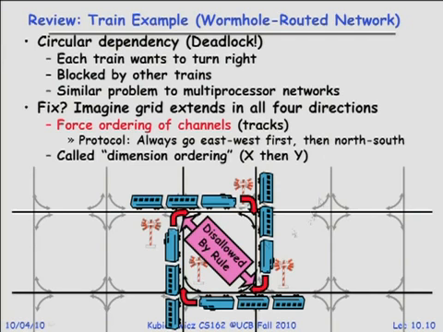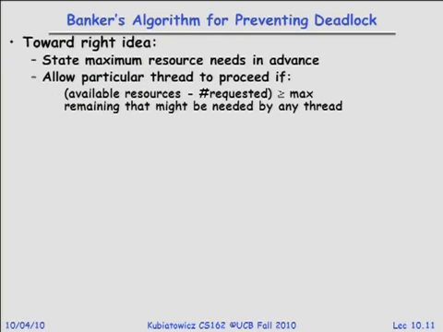Good. So let's talk about the Banker's algorithm. The Banker's algorithm is, in principle, very simple. The idea is, don't ever let a graph occur that might be deadlockable. Now, let's start our way along this.